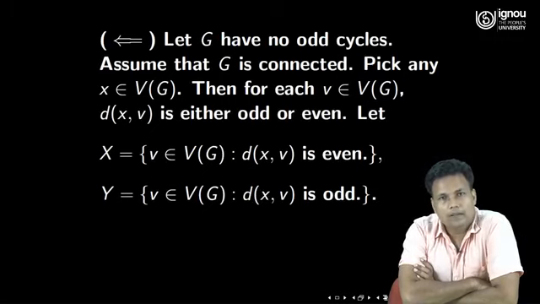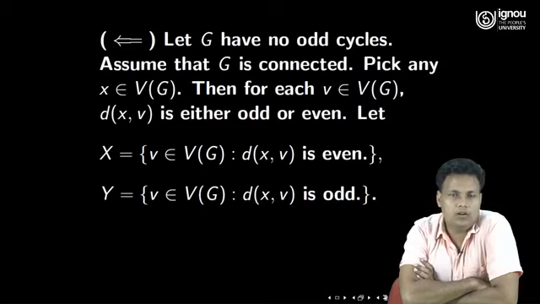Now let's pick any vertex x in V(G). Then for each v belonging to V(G), the distance d(x,v) is either odd or even, right?